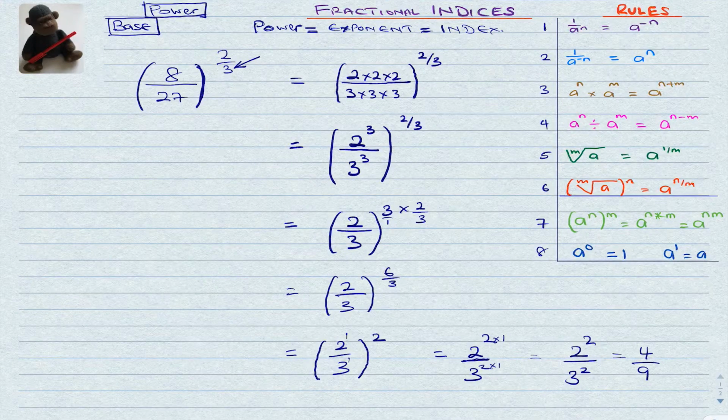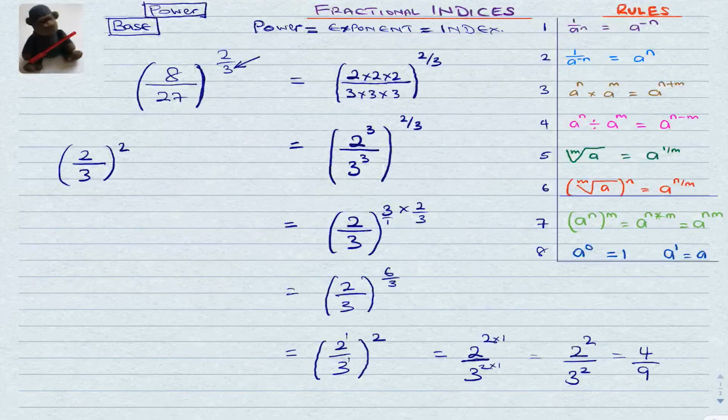You could do it in a fast way if you know what you're doing. You know 1/3 is a cube root. So if I'm applying the rules, rule number 6, 1/3 means cube root of 8, so that would be 2, and the cube root of 27 is 3, and obviously 2 to the power of 2 because 1/3 is gone now.